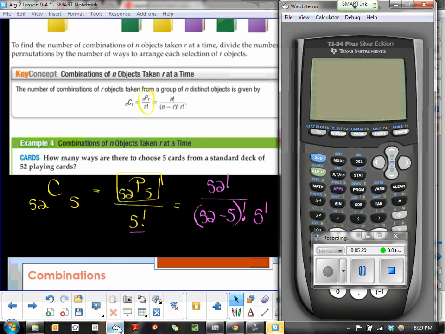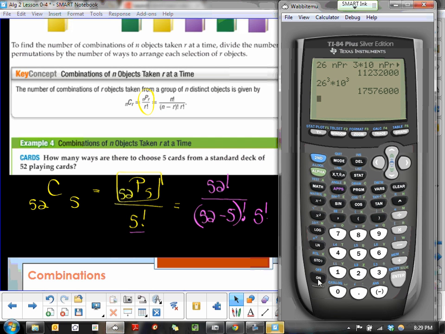So I'm going to use our calculator to help us with this again. We need to take 52 and factorial, which is the exclamation point. We want to divide it by, now I'm going to use parentheses in here. Actually, I'm going to do one other calculation here first. 52 minus 5 is 47 factorial times another 5 factorial.